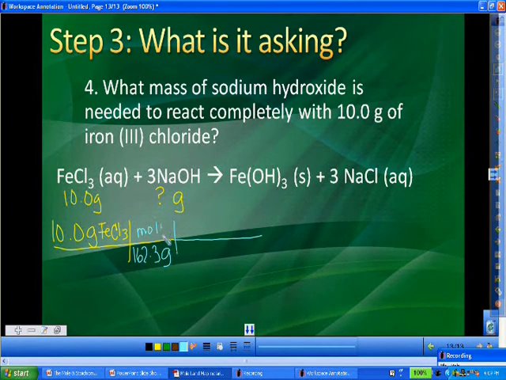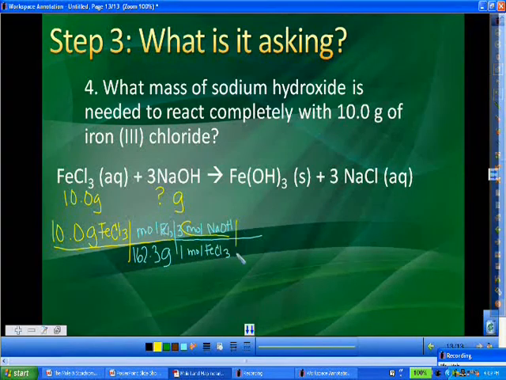So now that we are in moles of iron 3 chloride, we need to use our mole ratio bridge. You know we have 1 mole of iron 3 chloride for every 3 moles of sodium hydroxide. So now we are almost there. We have arrived in moles of sodium hydroxide.